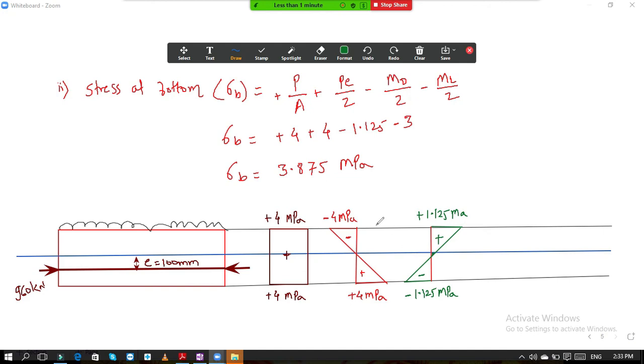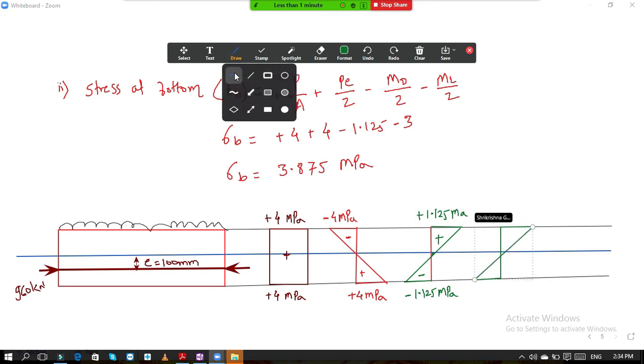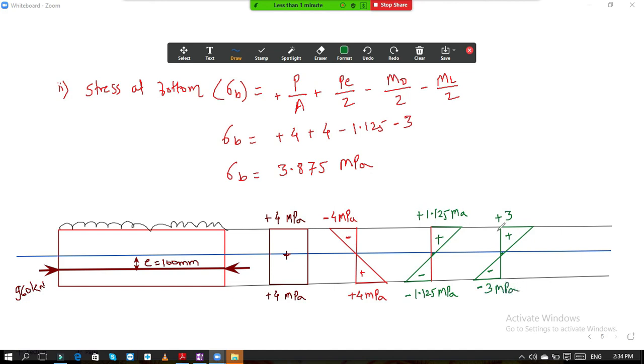And next, live load. This diagram will be similar to the dead load diagram, same direction, unless there is a change in the value. So here it is plus 3 and here it is minus 3 Newton per mm square.